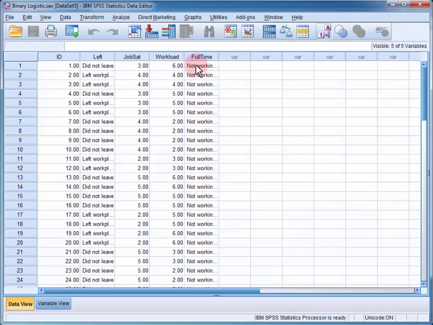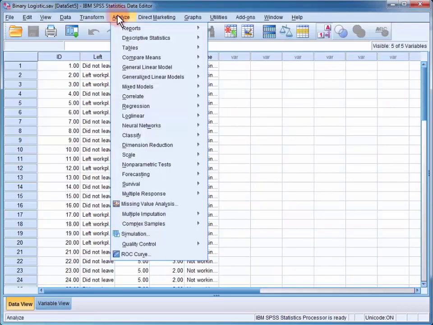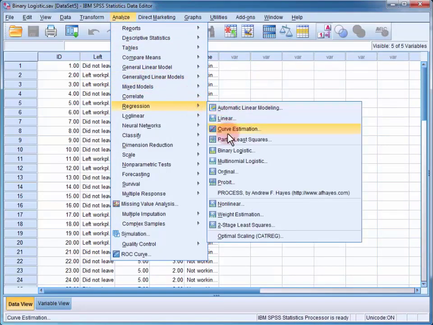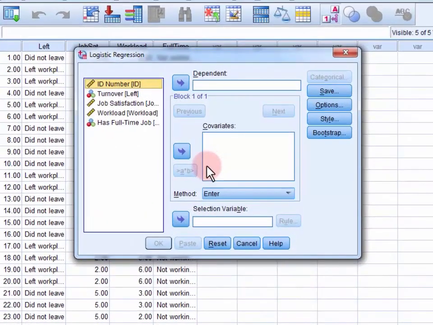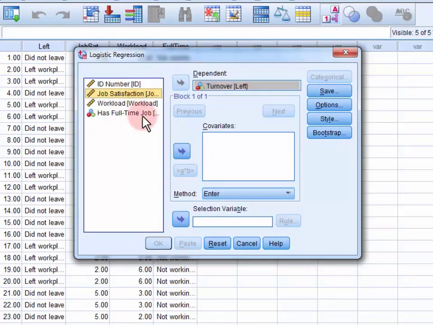To conduct the logistic regression, we go to Analyze, Regression, Binary Logistic. First, we move our dependent variable, whether the employee has left, into the dependent field. Then we move all of our predictors into the covariates field.